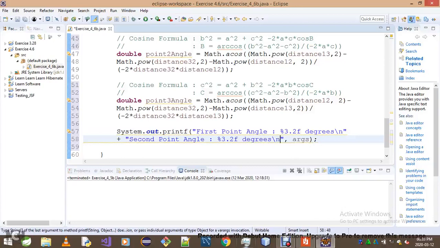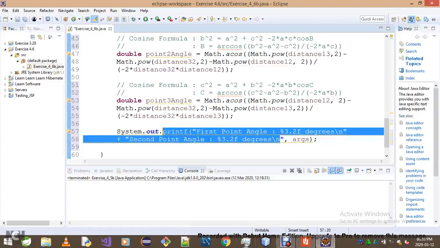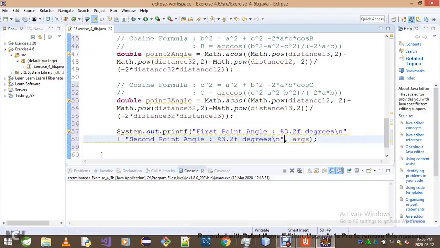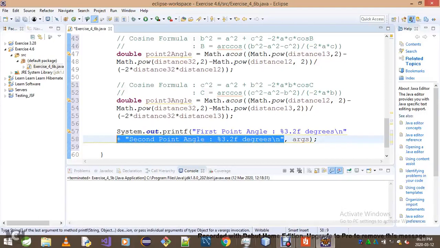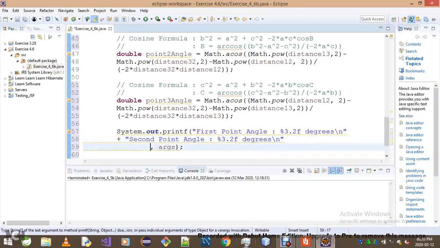Lastly, we can go third point this time, not second point. Third point angle is that. Actually we don't want to go to the next line once we display the third point.